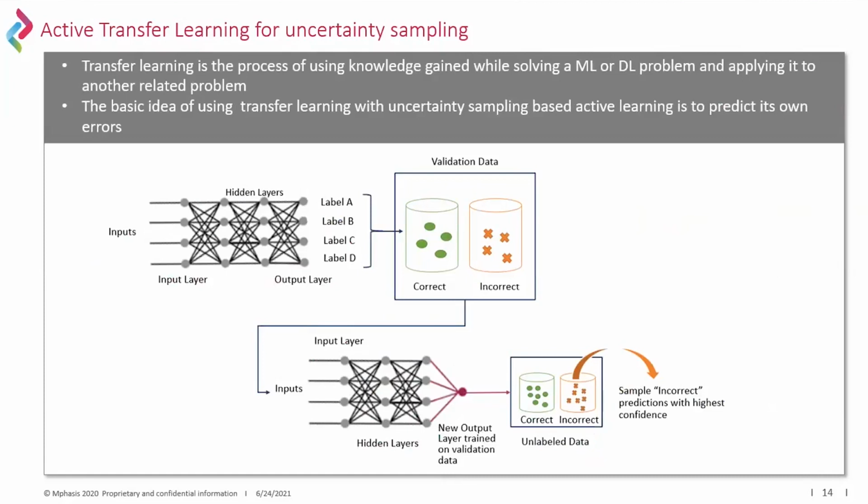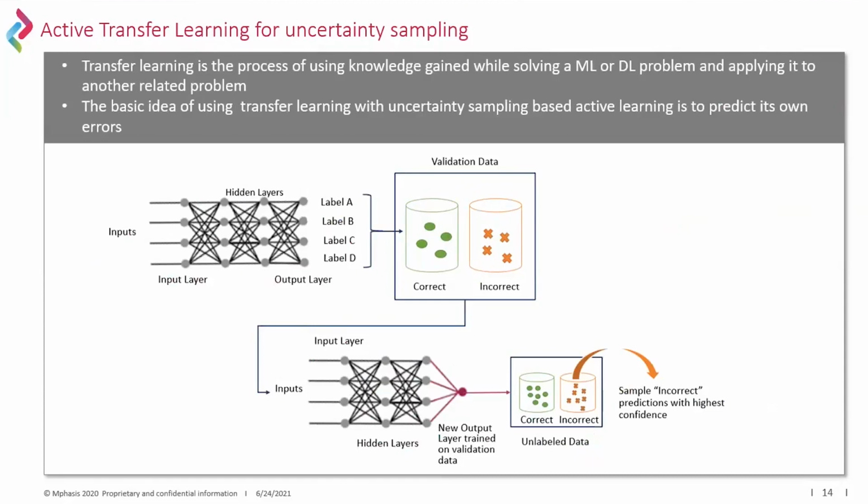When this data with correct and incorrect labels is used to train the same deep neural network, just removing the final layer and changing it to a binary classification neural network, and this retrained deep learning model is used to make predictions on unlabeled data, those data points will be classified as correct and incorrect.